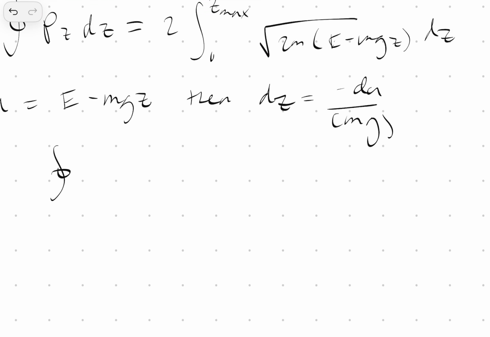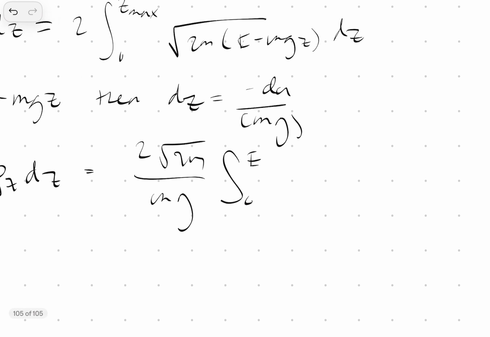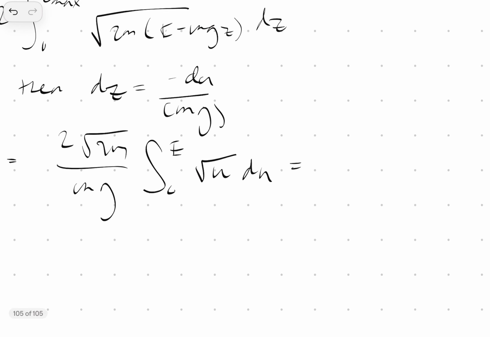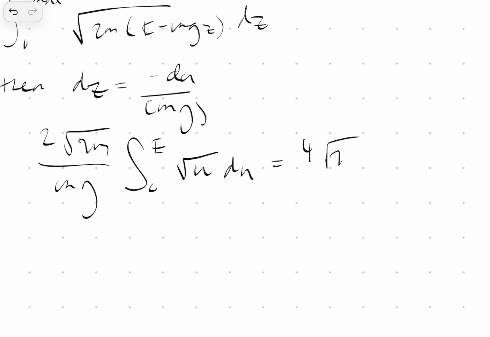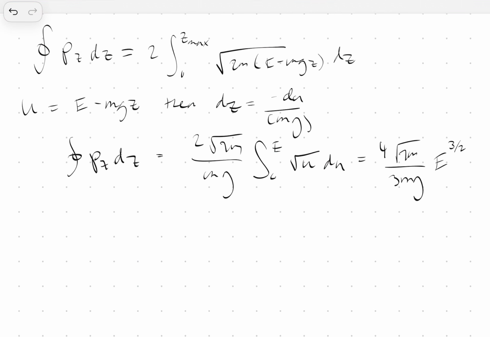Then this closed phase space integral will be equivalent to the square root of 2m over mg, times the integral from 0 to e of the square root of u du, which is equivalent to 2m over 3mg, e to the 3 halves, right?